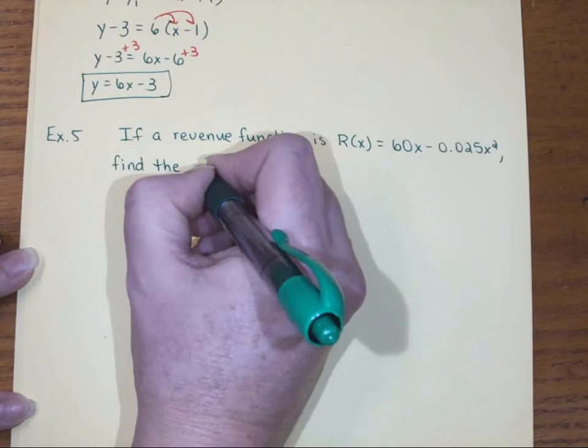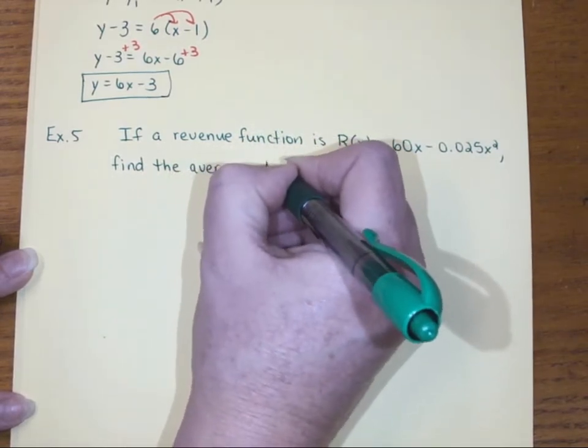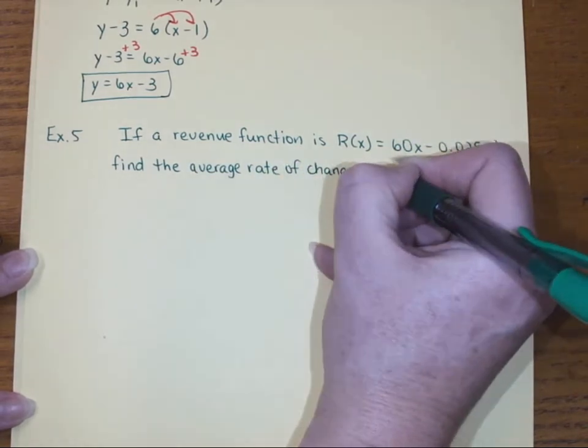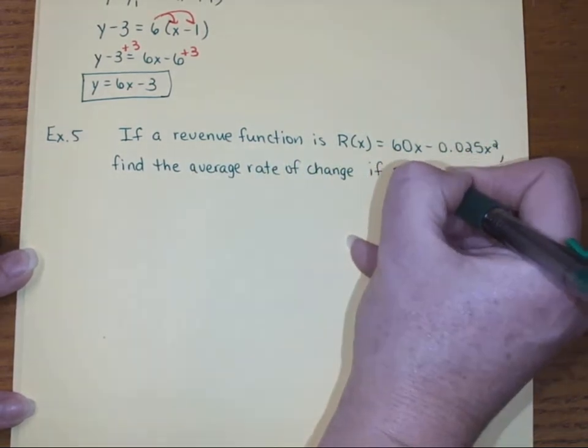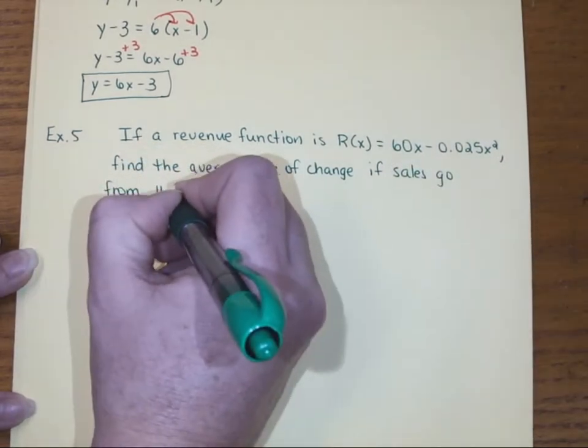And I want you to find the average rate of change if sales go from 1,000 to 1,050 units.